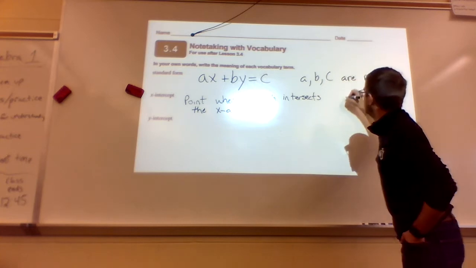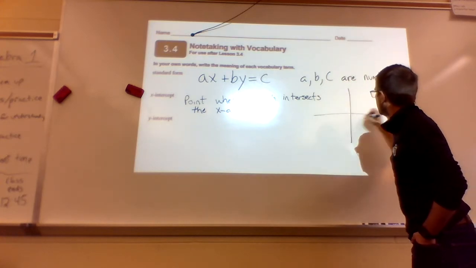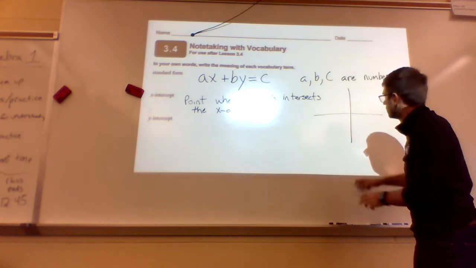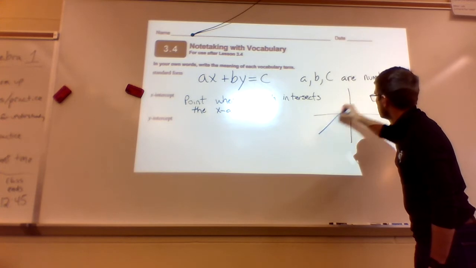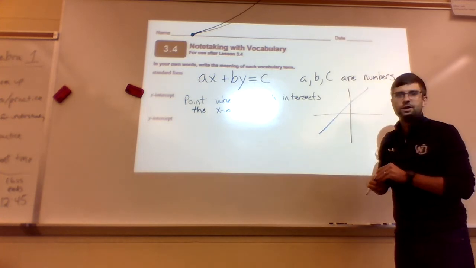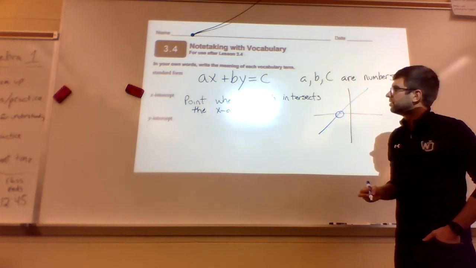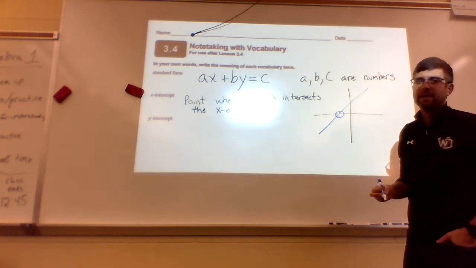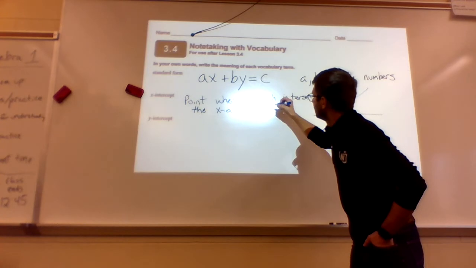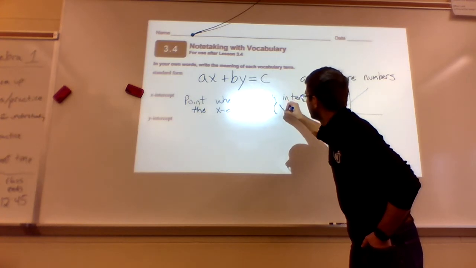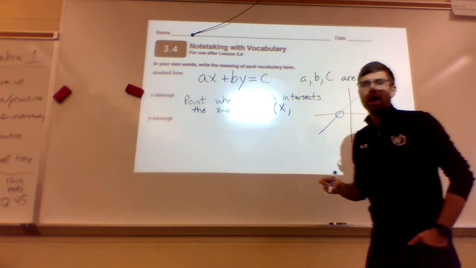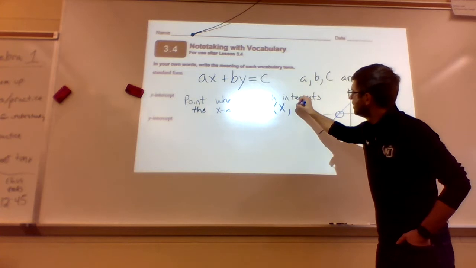Okay, to help us view that, if we draw a line on a graph, in this case right here, our x-intercept will be at this place. So we can always expect for an x-intercept to show up as x, and then the y part of it to be at 0.